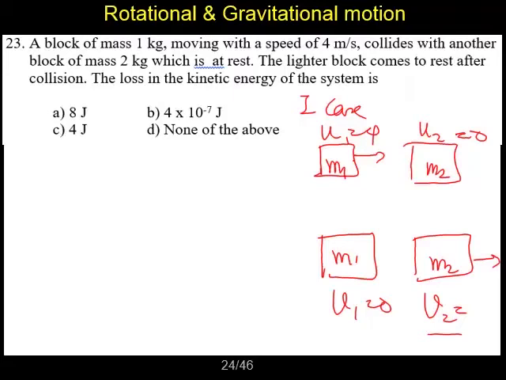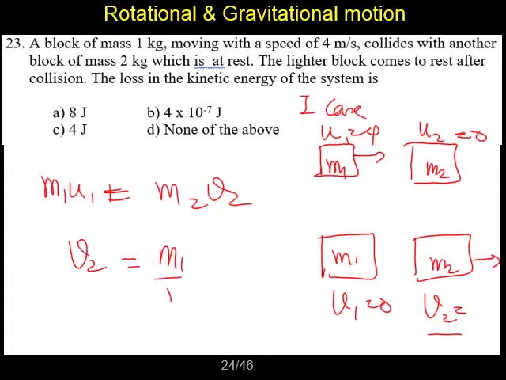Using the conservation of linear momentum, for the first case it is m1 u1 plus m2 u2, which equals, for the second case, m2 v2. We want to calculate v2, so v2 equals m1 by m2 into u1.